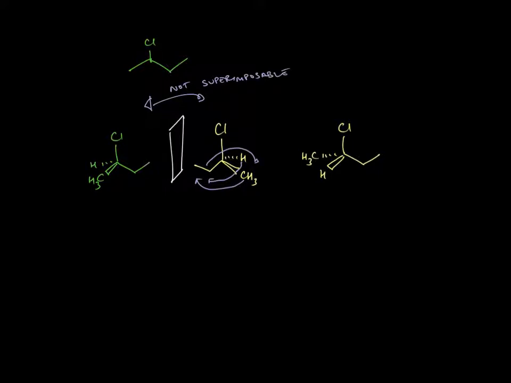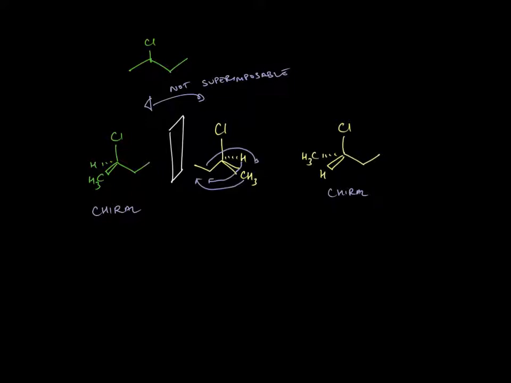So just like your hands, the mirror image is not identical, it's not superimposable, so therefore this is a chiral molecule. And this is also a chiral molecule, but because these are not superimposable, they're just not the same molecule. These are 2 completely different molecules.